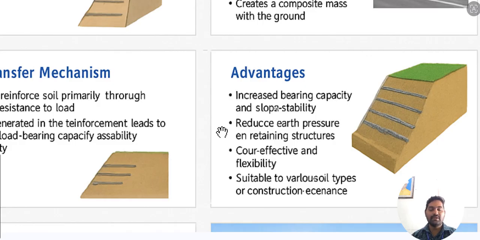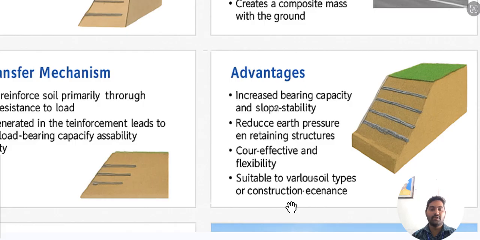It is very effective in the installation process when compared to other methods. That's why the cost of the method is very low when compared to other methods. These techniques are useful for coastal soils as well.